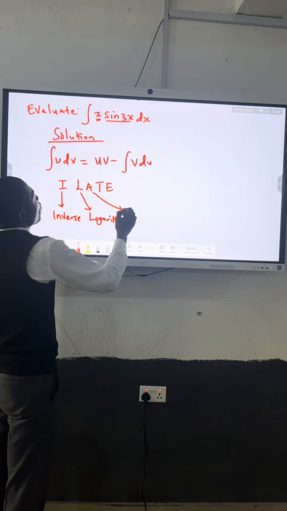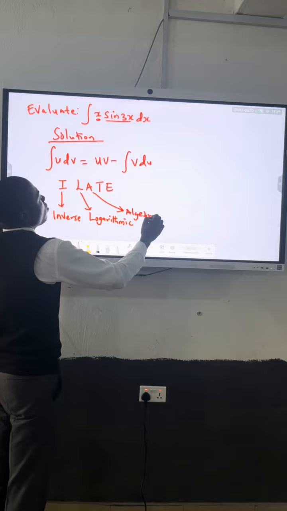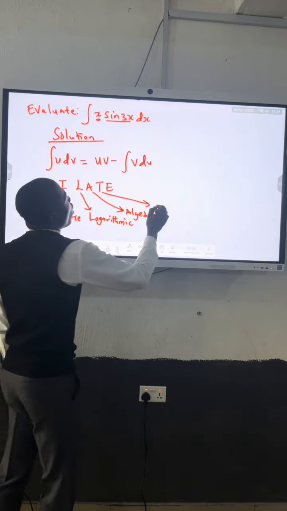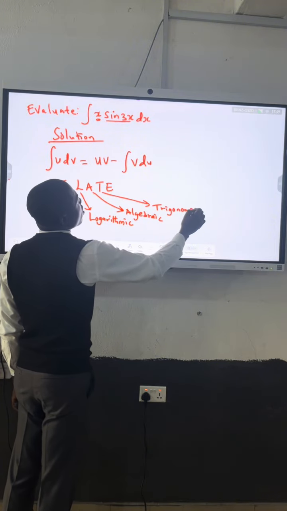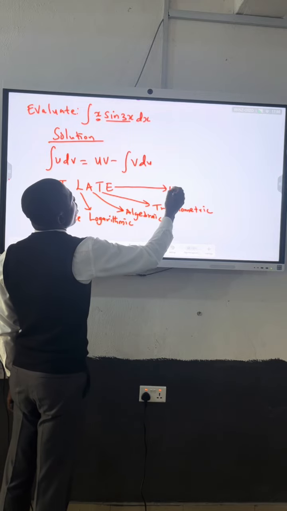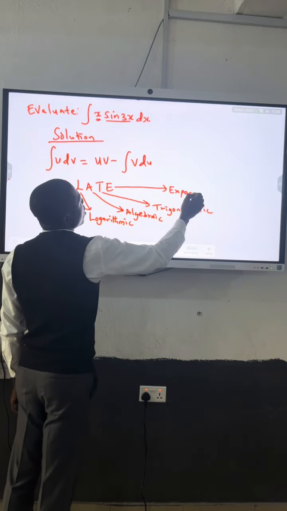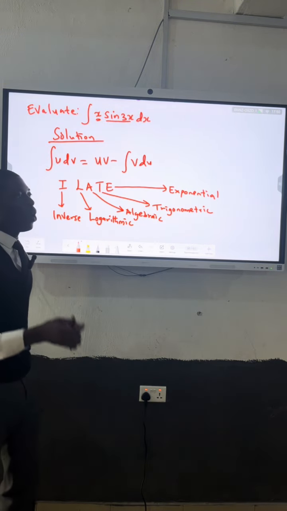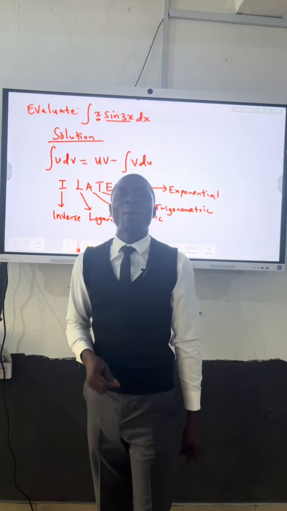A stands for algebraic function. T stands for trigonometric function. And the final E stands for exponential functions.